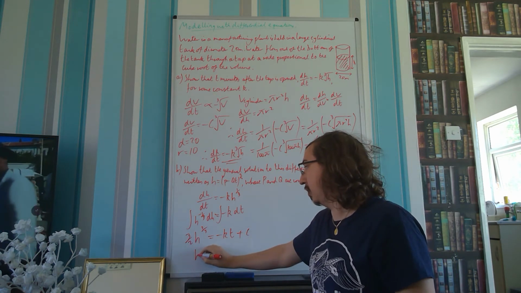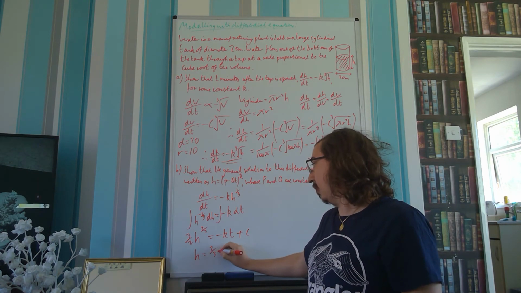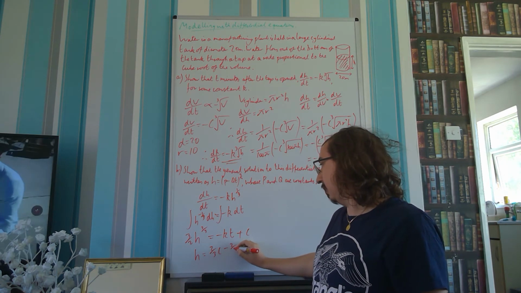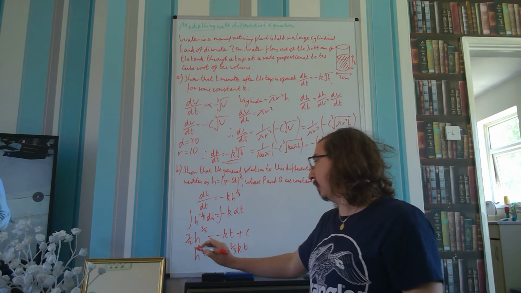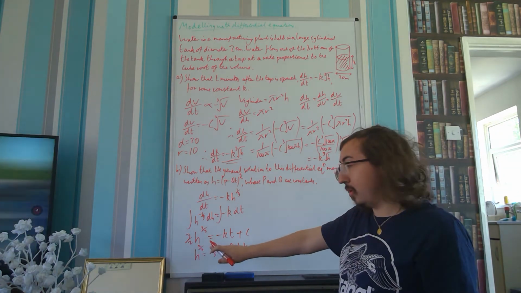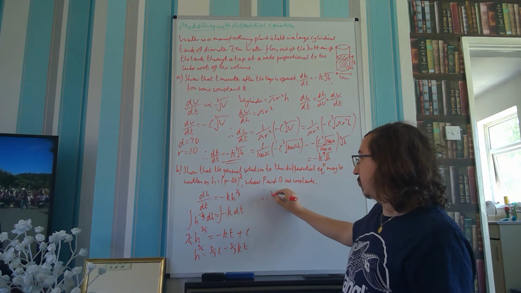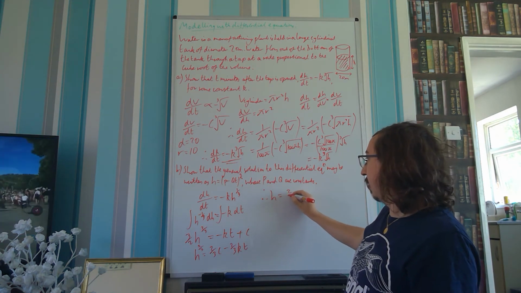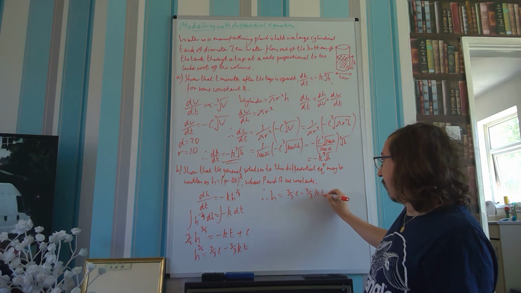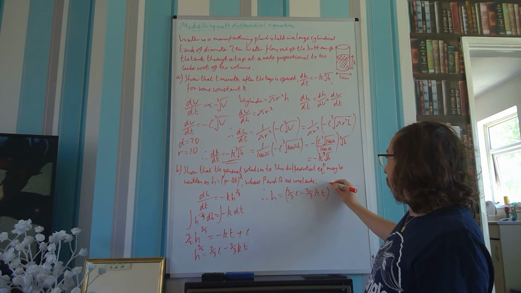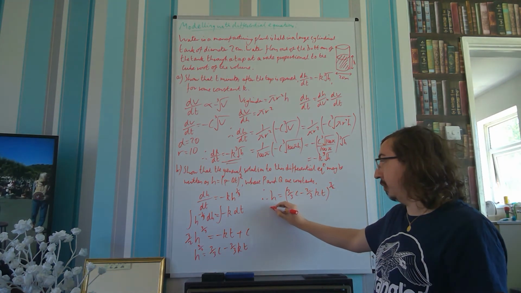The 3 over 2 becomes a multiplication of 2 over 3 on this side. So you've got 2 over 3 c minus 2 over 3 kt, and that's to the 2 over 3 there. To move the power, well, if it's a power of 2 over 3, when it moves, it flips. So really you have h is equal to 2 over 3 c minus 2 over 3 kt to the power of 3 over 2. And that is pretty much in the form that we want.